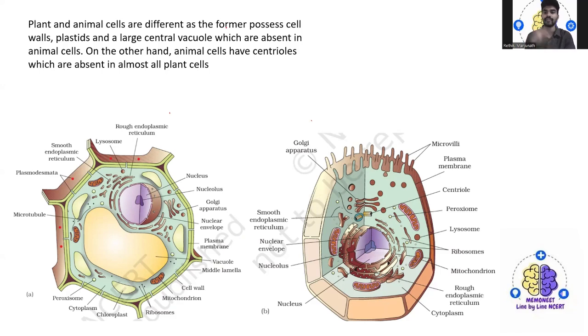On the other hand, in animal cells you will see centrioles, which are absent in the plant cell. So these are the major differences that we observe in animal cells and plant cells.